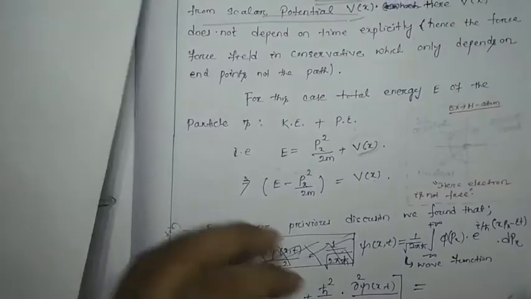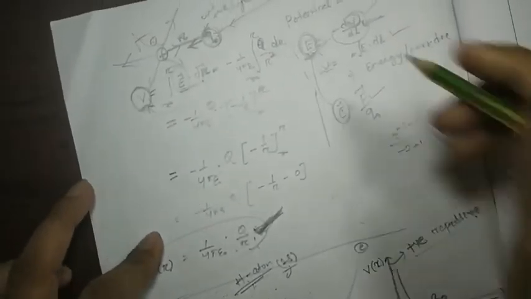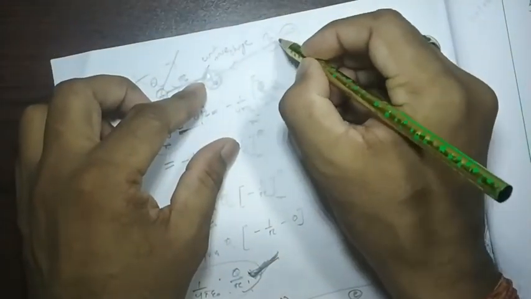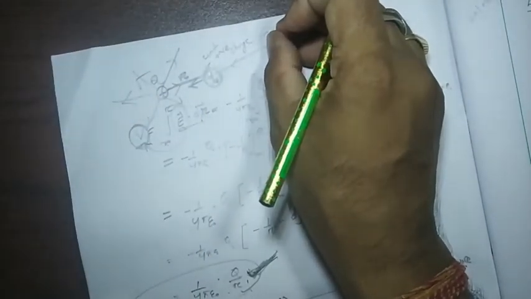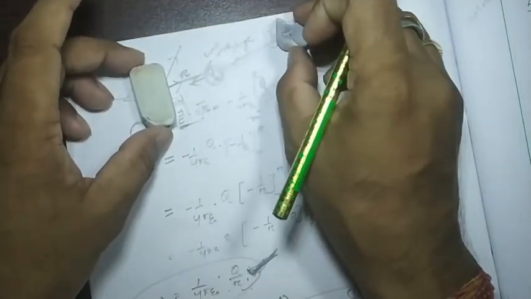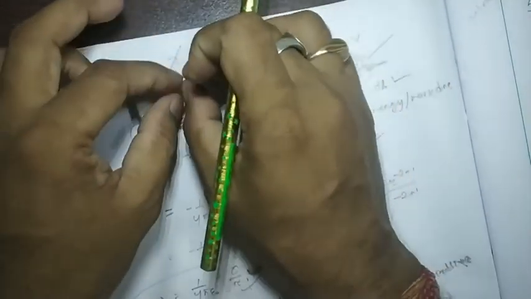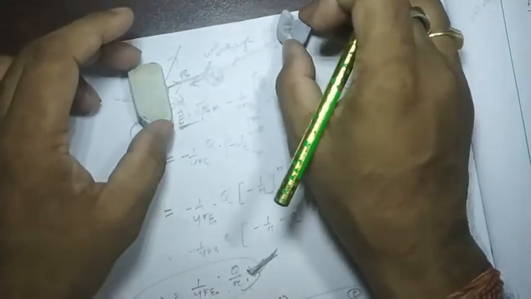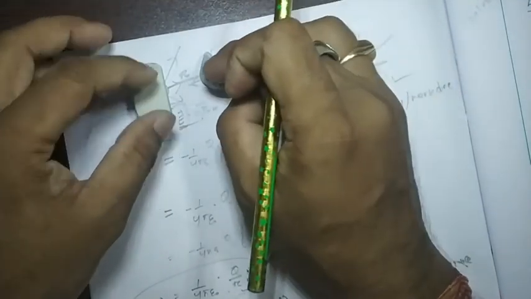So in short, the potential is nothing but the amount of work done. Suppose a test positive charge Q0 is at infinity. I take this positive charge near the larger positive charge. How much work is done? Because bringing a positive charge towards another positive charge is repulsive in nature. So how much work I have done to bring it from infinity to this point.